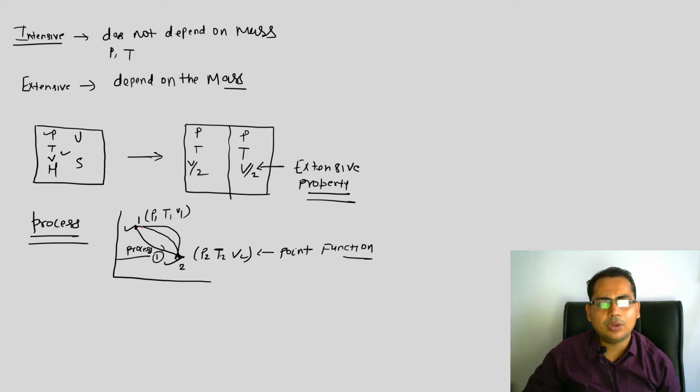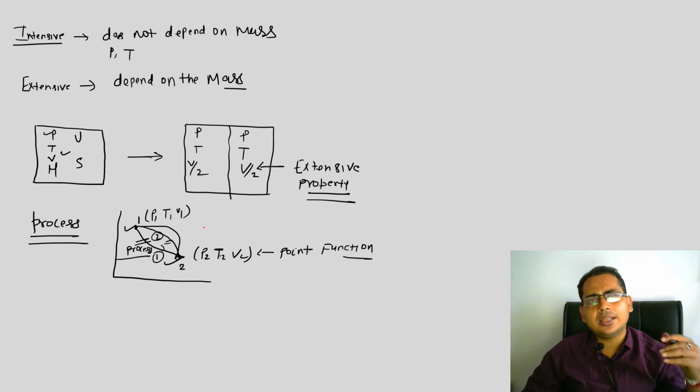If you go from 1 to 2 through this path or through this path, it doesn't matter. It will not change with a change of path.